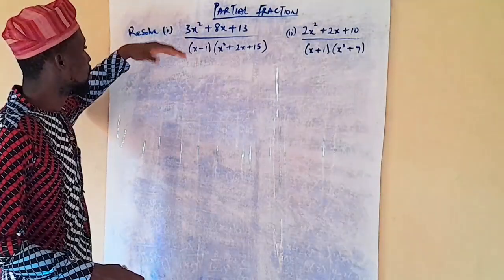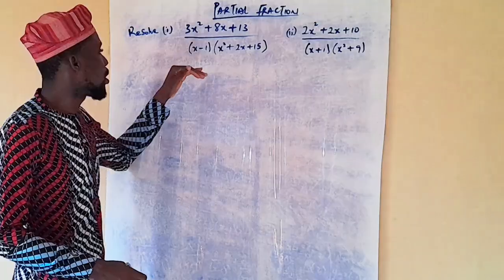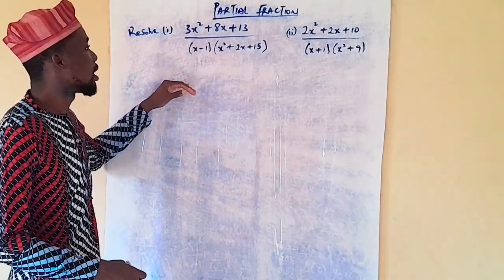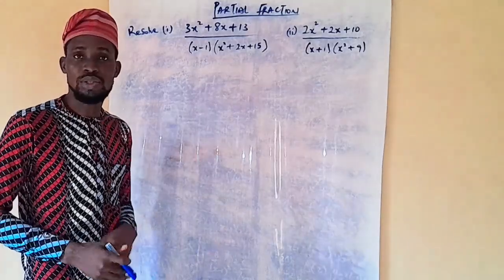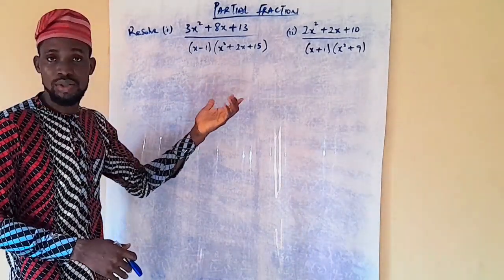Then the first one we looked at was when a factor has a power more than 1, say 2, 3, and so on, and how we represented them in those questions. Now, for today's class, we're looking at non-factorizable factors.